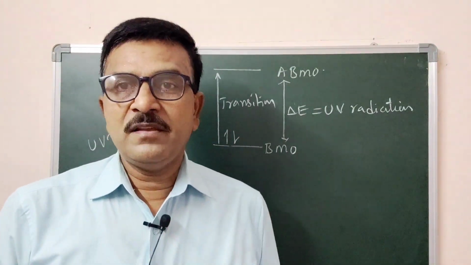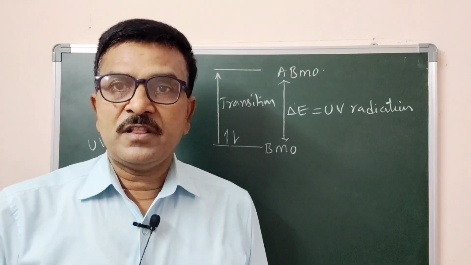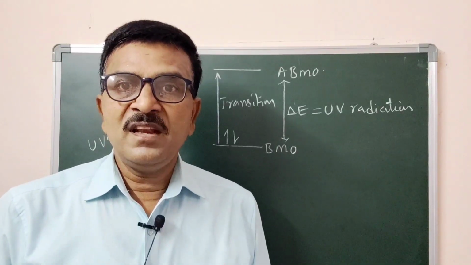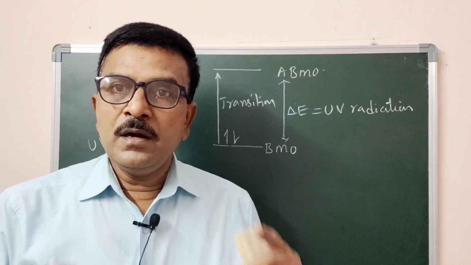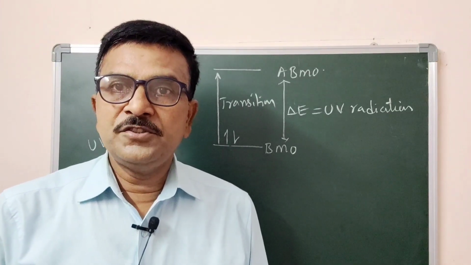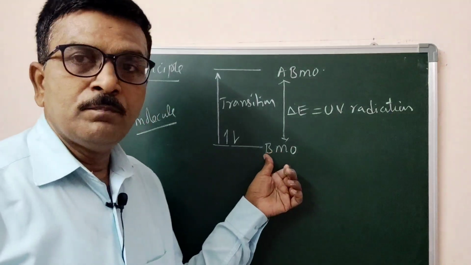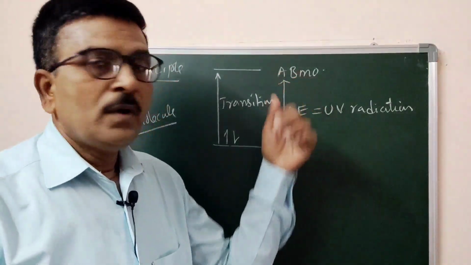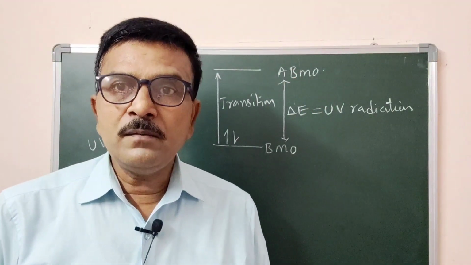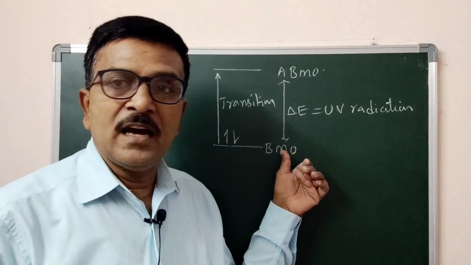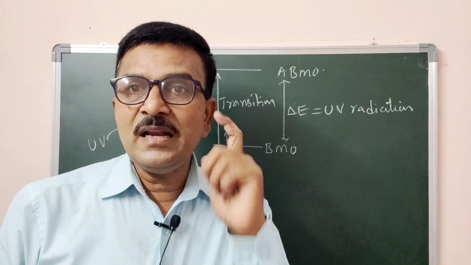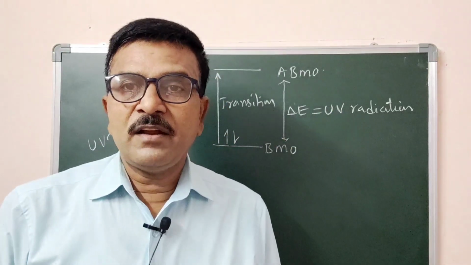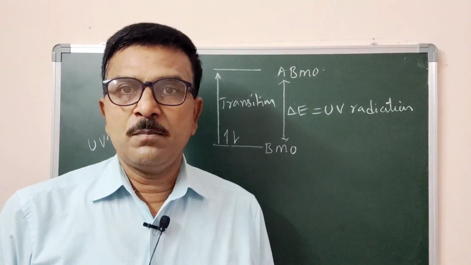Therefore, the sample absorbs. It absorbs in order to undergo the electronic transition from BMO to ABMO, where the energy gap is exactly equal to the energy of the ultraviolet radiation, hence absorbed.